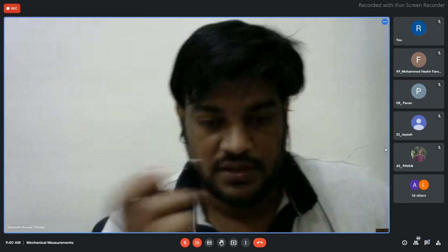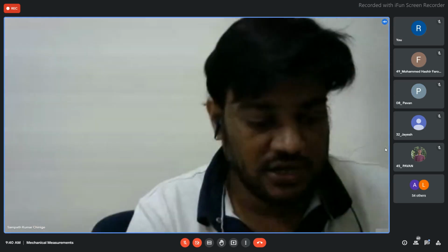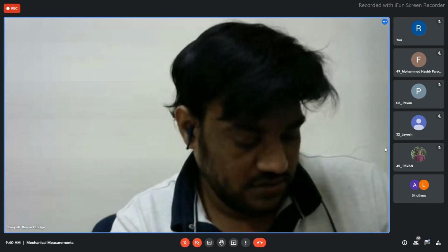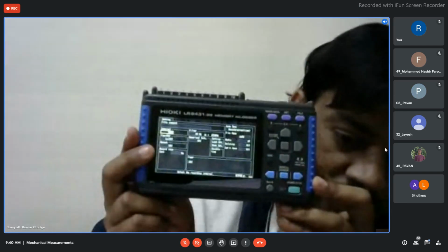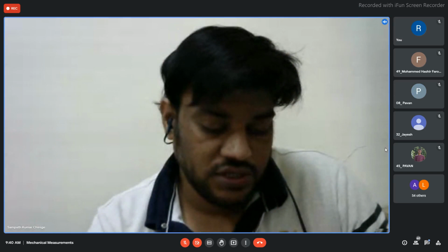Now I'm showing you the basic data acquisition system or data logger that we have. This is the data logger that I have, which is a portable one. You can see the two terminals over here.